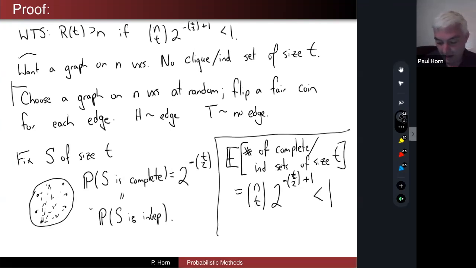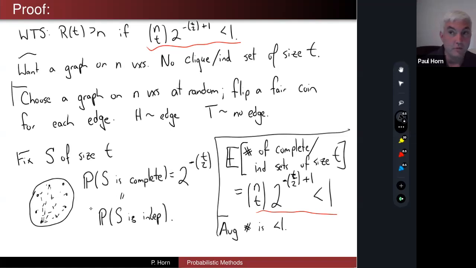It is, by hypothesis, right? That's what this says, less than 1. It's like I cooked the books to make this inequality hold. But what did that mean? That means that the average number of these is less than 1.